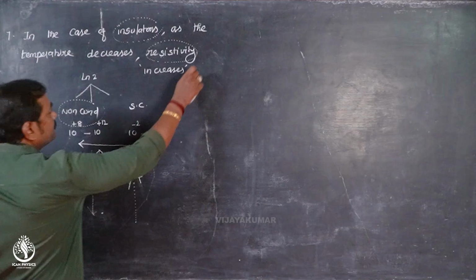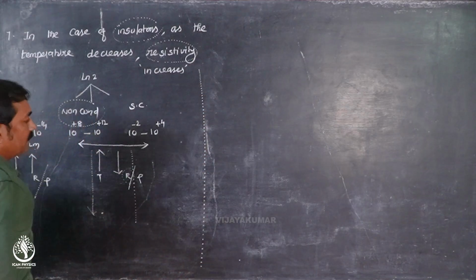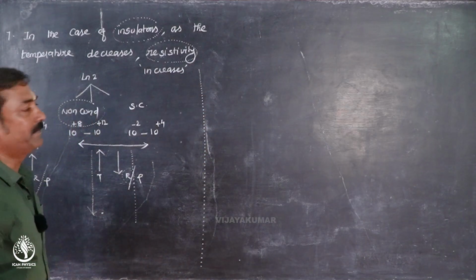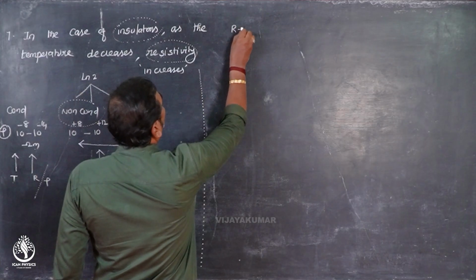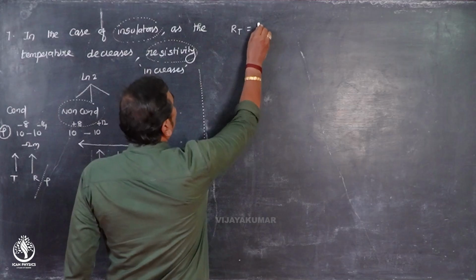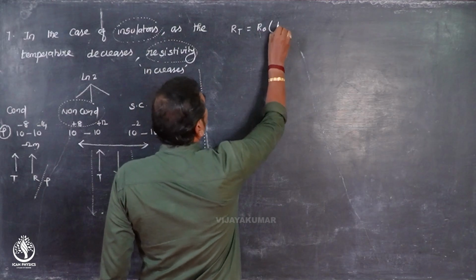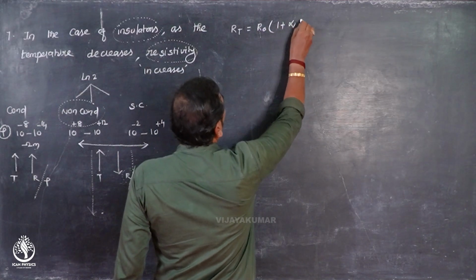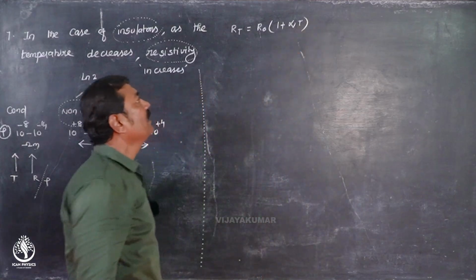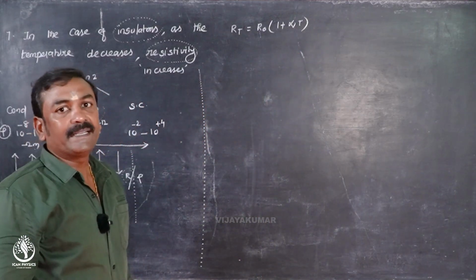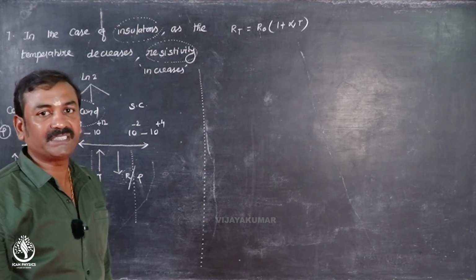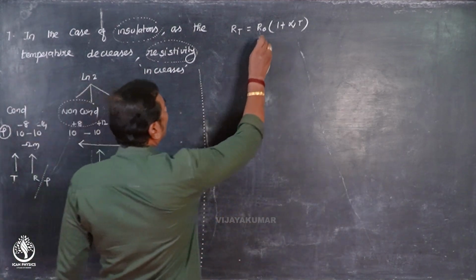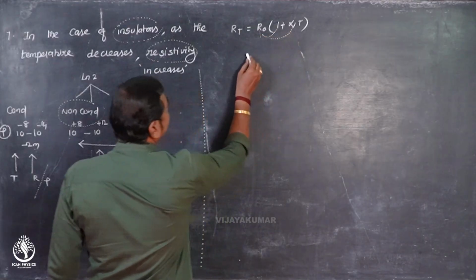Okay. So what is the relation? R_T equal to R naught into 1 plus alpha T. So what is alpha? Temperature coefficient of resistance. Now the R naught is common to first term and second term.